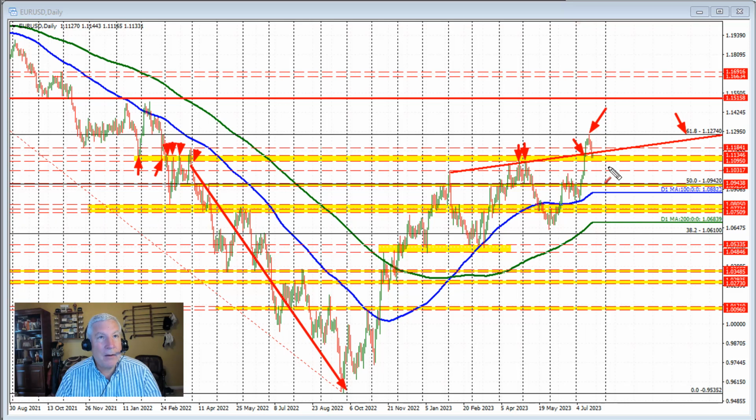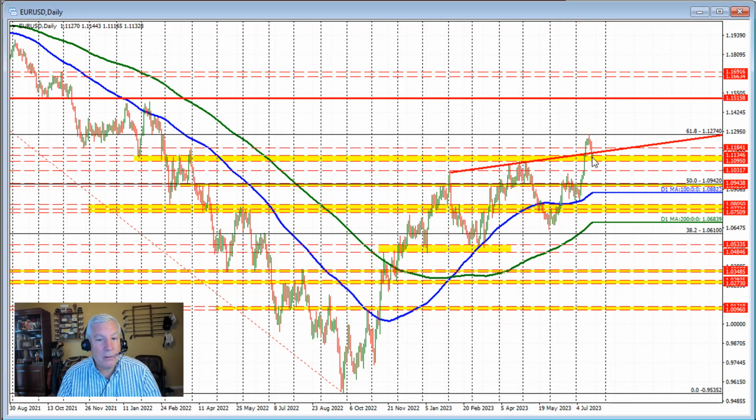Now we're back down into this 1.1095 to 1.11346 area. The low price in trading yesterday reached down to 1.1117, and the low price in trading here today reached 1.1116, so just below the level from yesterday, and in between those two levels.